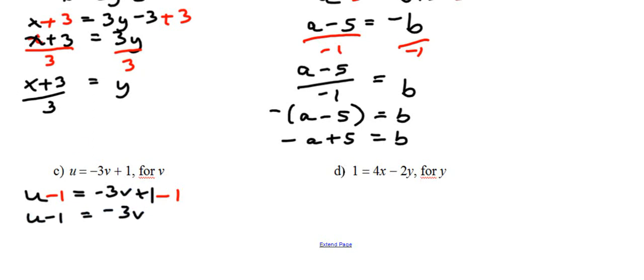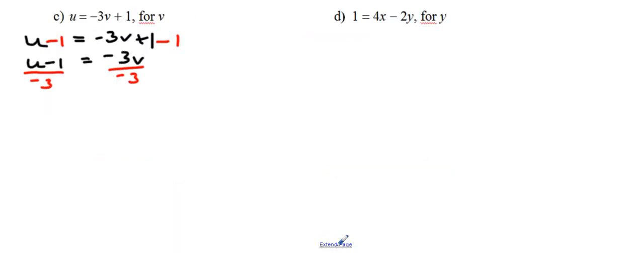All right, so far so good, but I need v by itself, which means I've got to divide both sides through by whatever's being multiplied by v, and in this case it's minus 3. And again, the whole thing gets divided by minus 3. Now this one I would say you can leave. This is going to just cancel, and we're going to get v equals.